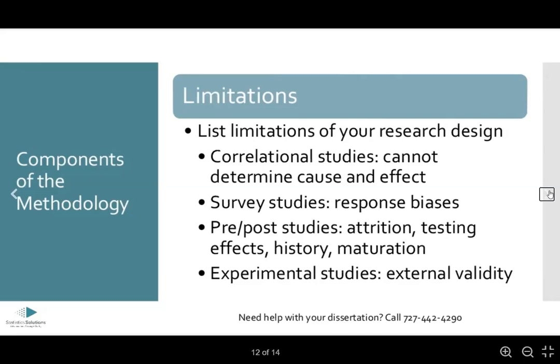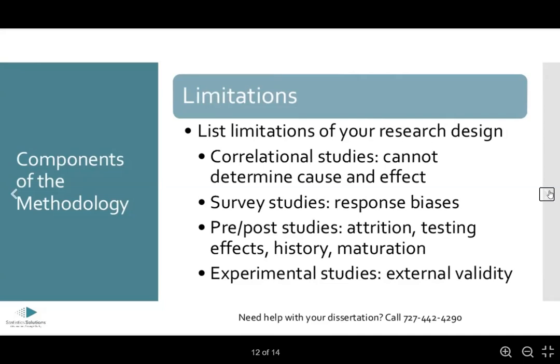So there may be some social desirability bias coming into play with your responses. So you may get an underestimated amount of smokers in your sample than what's really there.